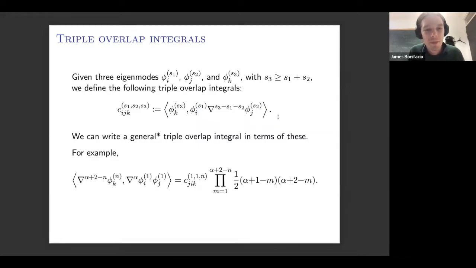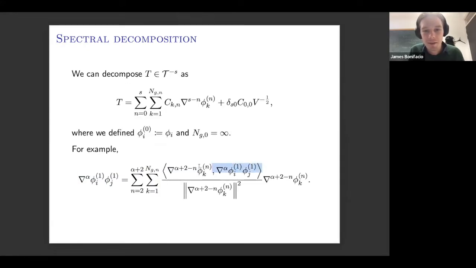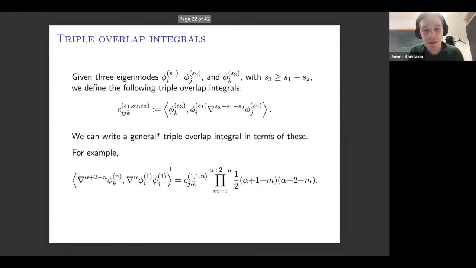For example, here I've shown this overlap of these two terms, which appeared on the previous slide in this numerator here. And if I write this as an integral, I can use integration by parts to reduce the number of derivatives until I get down to the basic triple overlap integral C. And it turns out this will give you the following expression.